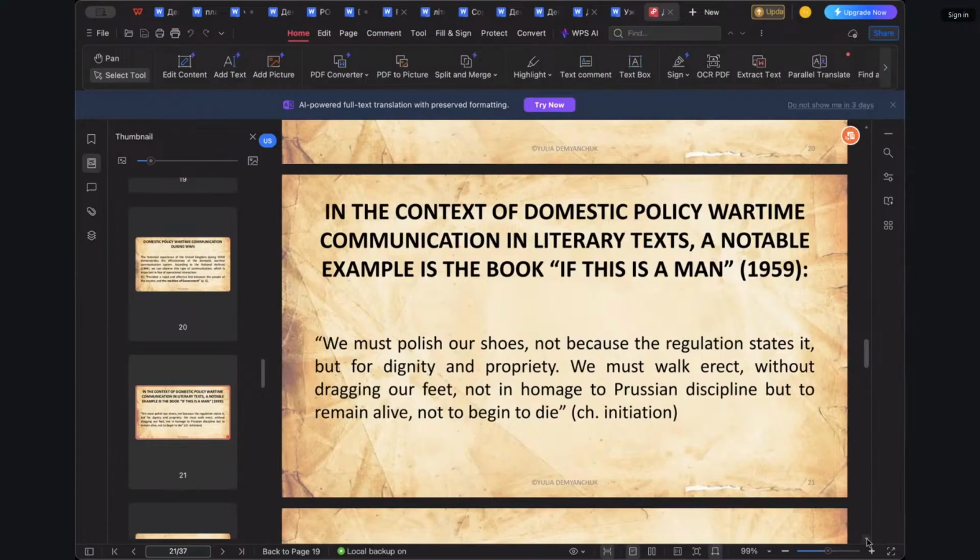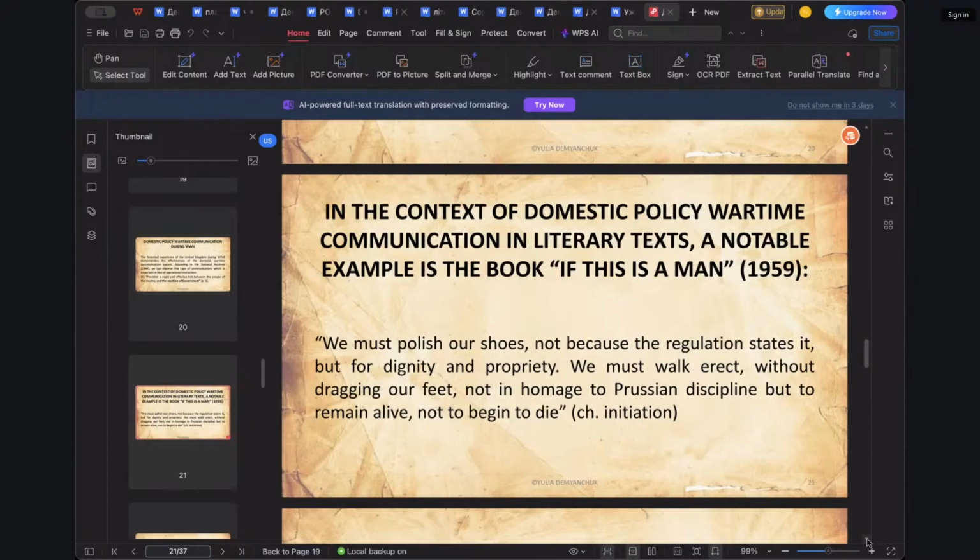The textual fragment reveals the linguistic mechanisms of resistance to dehumanization within the space of domestic communication. Levi's text functions as an aesthetically mediated dialogue between author and reader, articulating the traumatic experience of war in symbolic form.